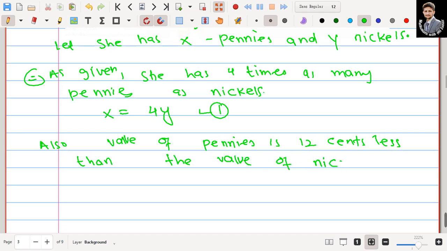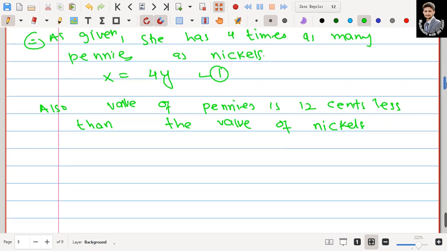I can write this statement in a mathematical way, and this would be 5y minus x is equal to 12. So I have transformed this statement into mathematical terms, and this is 5y minus x is equal to 12. I say that this is my equation 2.